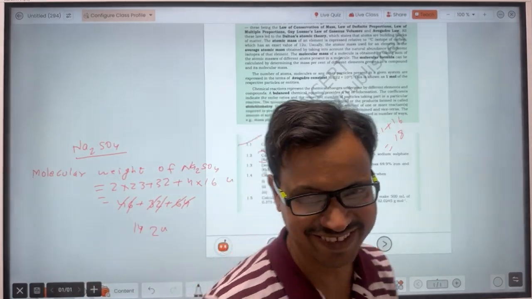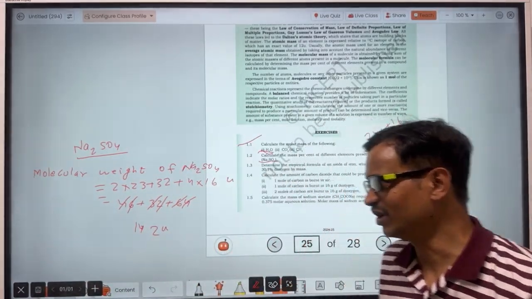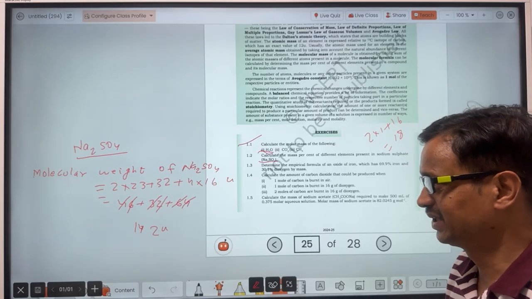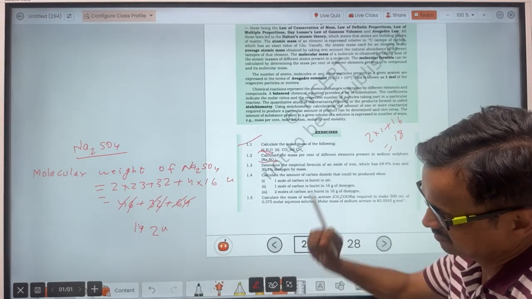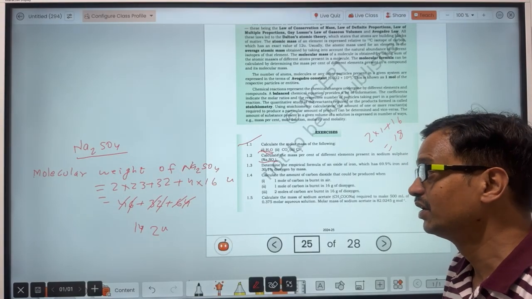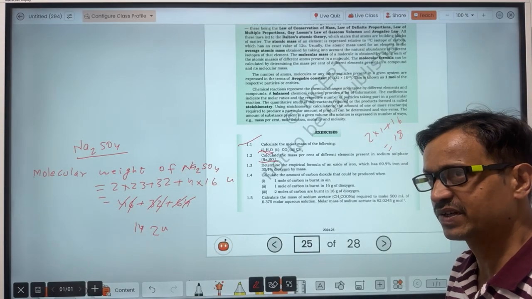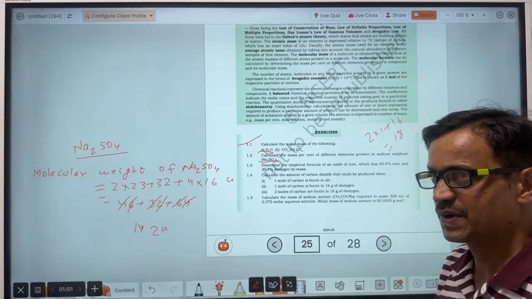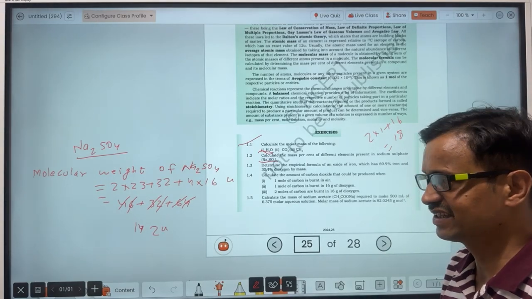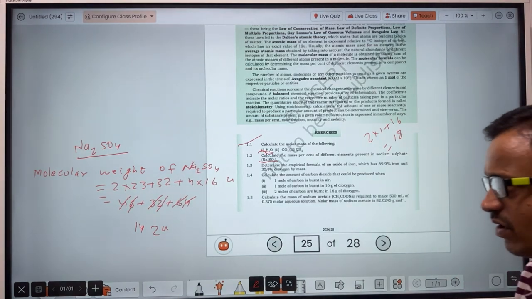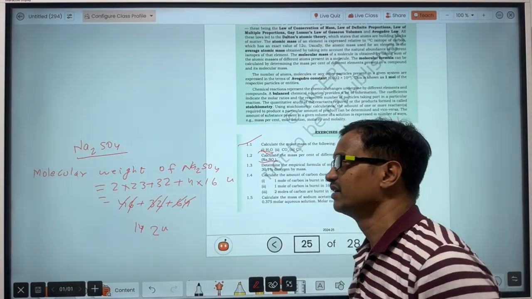Guys, here simply I have calculated the molecular weight of Na2SO4. There are 2 sodium in this molecule, so 2 into atomic weight of sodium 23, plus atomic weight of sulfur is 32, and there are 4 oxygen and the atomic weight of oxygen is 16.